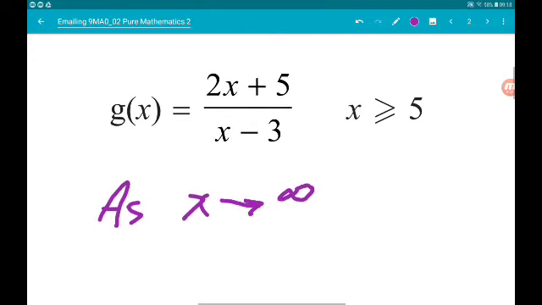So what's going to happen is g of x will tend to 2. It will never be 2, but it will get closer and closer to 2.